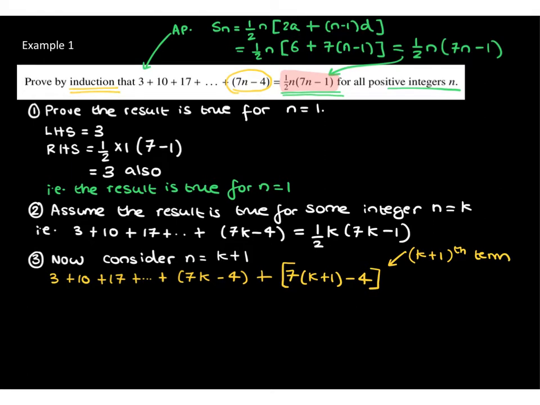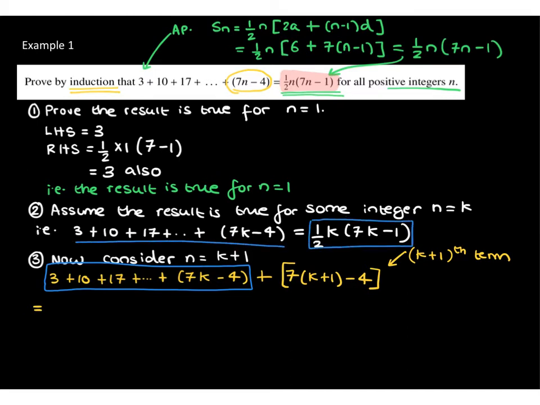Now, what do I have here? Well, let's think about this carefully. These terms added together, well, that's the sum of the first k terms. And over here, we said that we were going to assume that the sum of the first k terms was equal to a half k(7k minus 1).